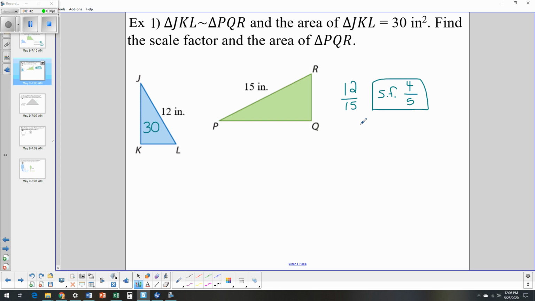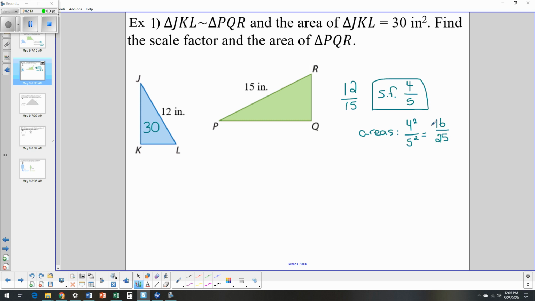Now I have to find the area of triangle PQR. So what I'm going to do is I know that the ratio of areas is going to be my scale factor squared. So my areas is going to be 4 squared to 5 squared. And I can convert that to 16 over 25.